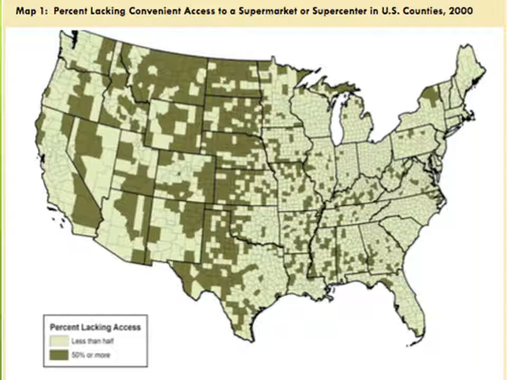But here's the problem. Can you guess what I'm going to say? What's the problem in looking at this map? In looking at this choropleth map, what's the problem? Well, there's only 2 classes. So here's the thing that I would say. Hey, you could have a county where 49% of the people lack access, and they're in the lower class.